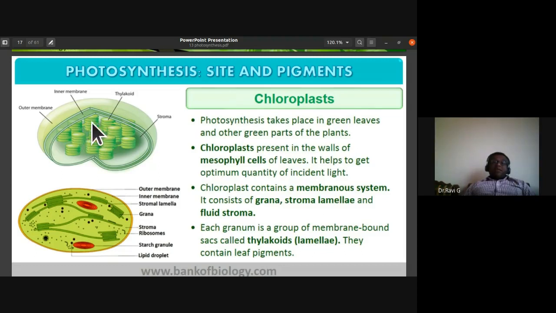The grana are interconnected by stroma lamellae, and they have a fluid part called stroma. Each granum is a group of membrane-bound sacs called thylakoids or lamellae. They contain leaf pigments like chlorophyll A, chlorophyll B, xanthophyll, and carotenoids.